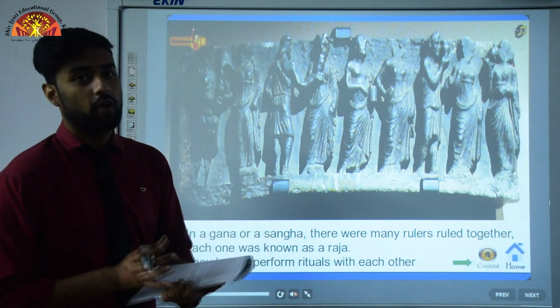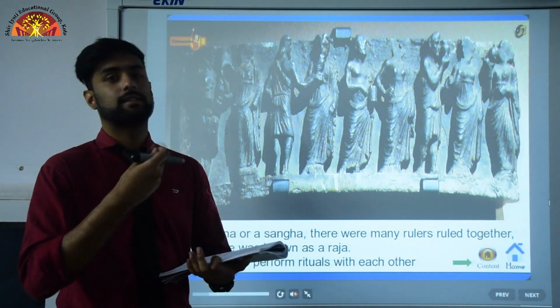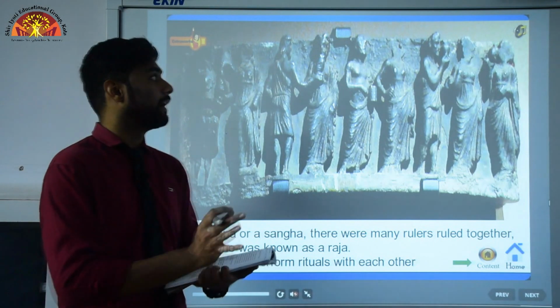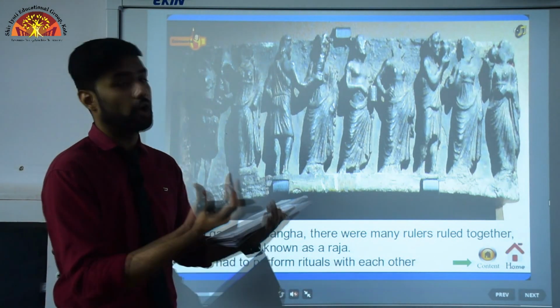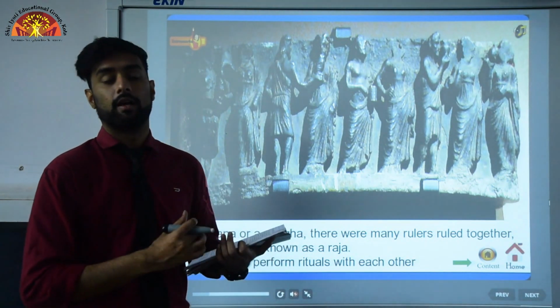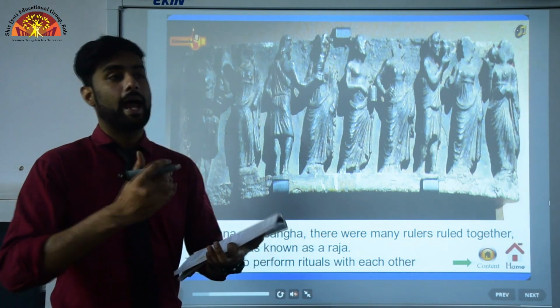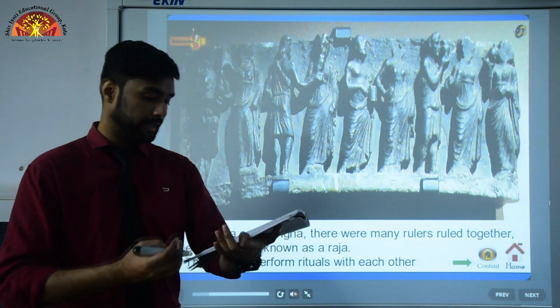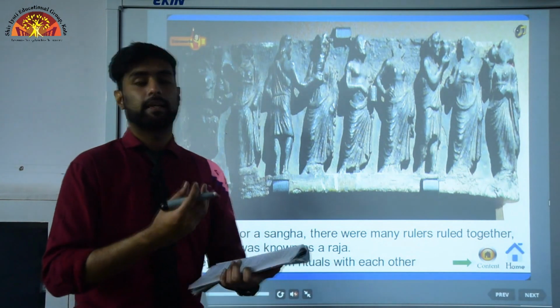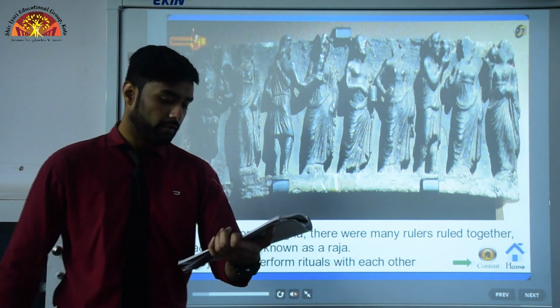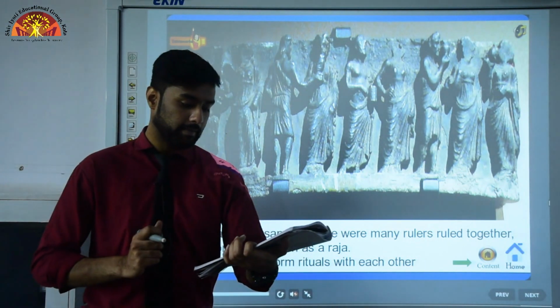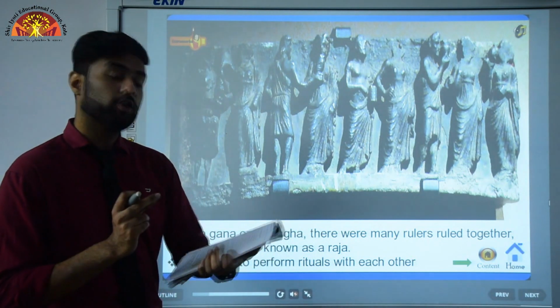Usually what happens when a particular king is in power, he will just decide whatever he wants to do. But in Vajji, because there were a lot of Rajas, all the kings used to sit down and debate. Okay, they used to hold discussion so that they could reach a common goal. For example, if they were attacked by an enemy, they met to discuss what should be done to meet the threat.